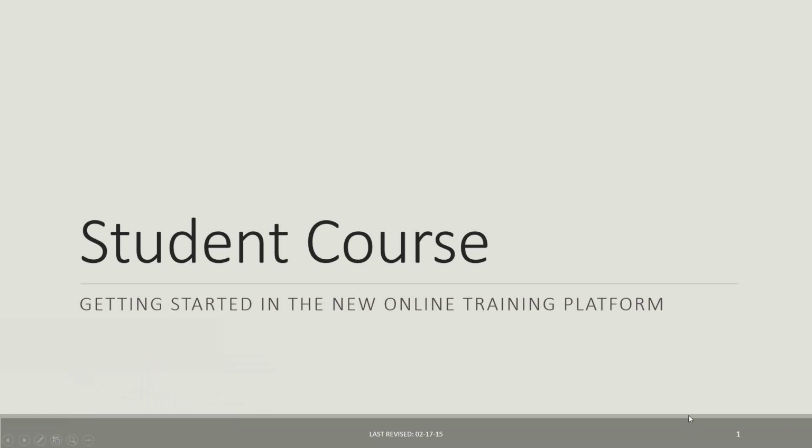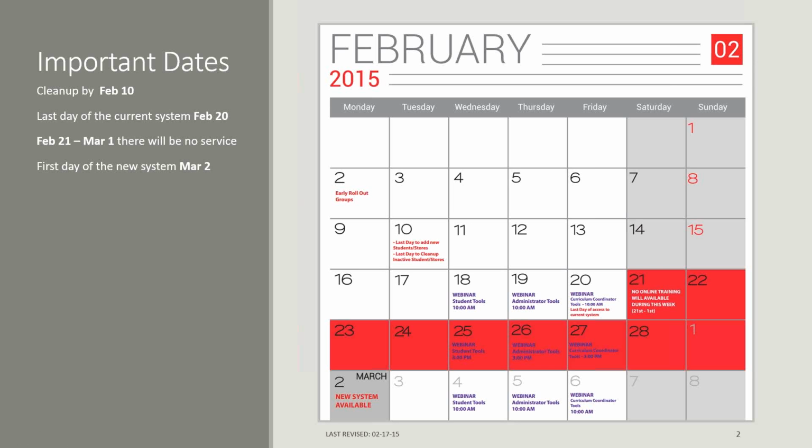The first thing that I want to point out are the important dates. As of today, you are not able to register new students into the platforms because we already cut the data for the student accounts, and that is in the process of being integrated into the new system.